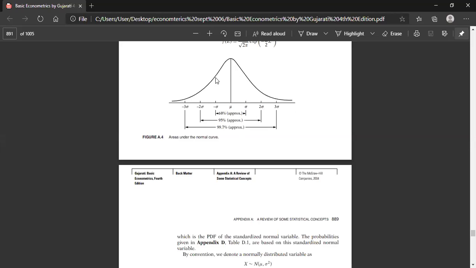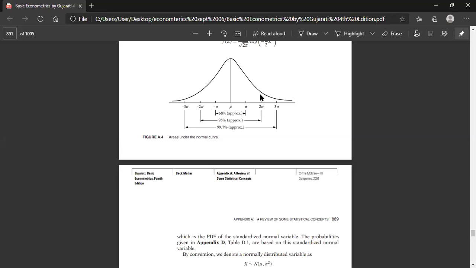So for each value of x from the function, you know the height. So what is the height of this line telling you? The density function. The density of each value.